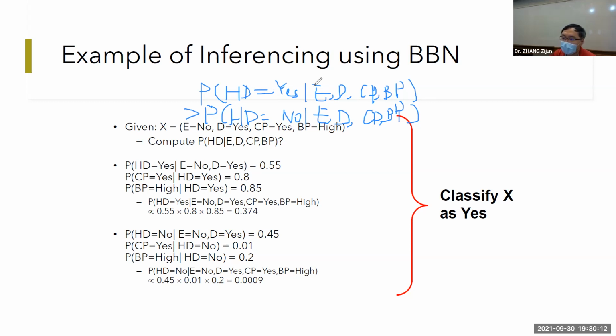But if according to the calculation we have the inverse result, that means the second probability is larger than the first one, then according to the label we will say that the person probably does not have heart disease. Then such classification or diagnosis is converted into the computation of two probabilities.